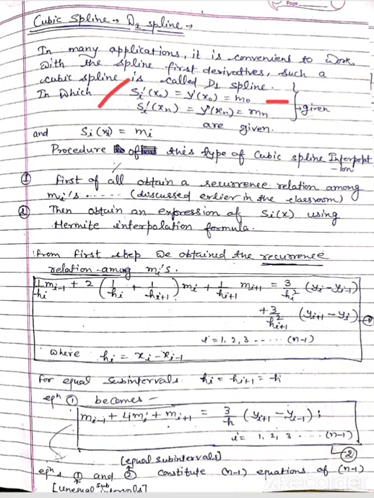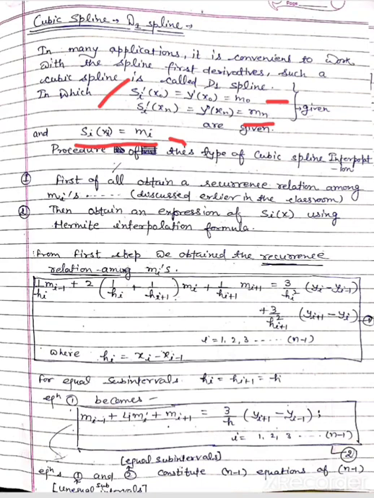We have taken it as m0 and Si dash xn equals to y dash xn equals to mn. These boundary conditions are given, and here the prime denotes the first order derivative as stand for the spline which we are determining. Here Si at xi equals to mi.